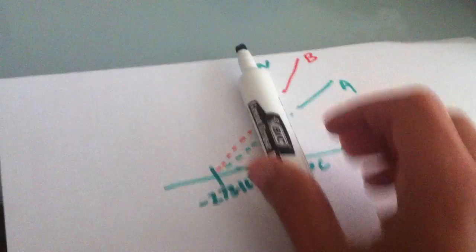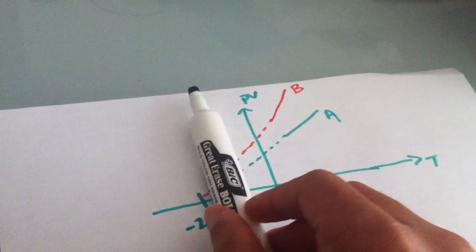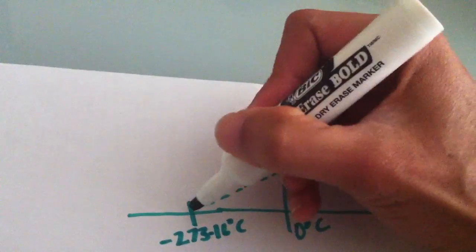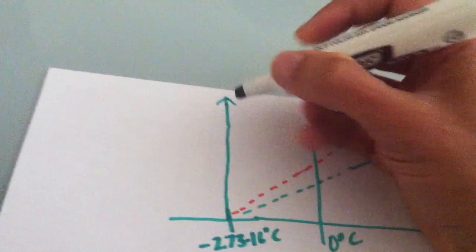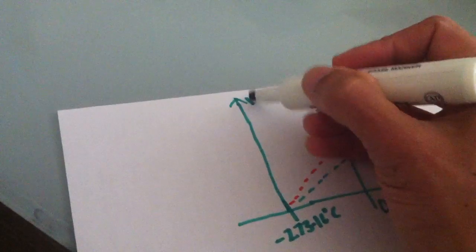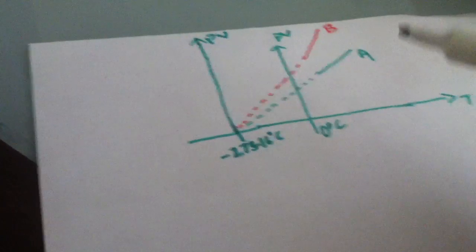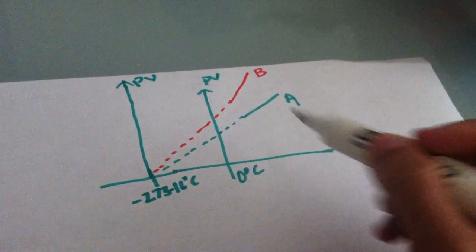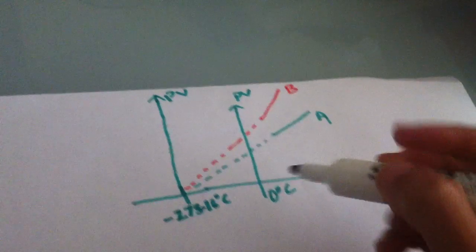So for convenience, I can just take my original x-axis and move it to the left by an amount of 273.16 degrees, and then I would get a different y-axis, which I will show over here. All that I'm doing is just shifting it to the left. And so what that means is that any temperature I was measuring with my old x-axis, I just have to add 273.16 degrees to it to get my new temperature.